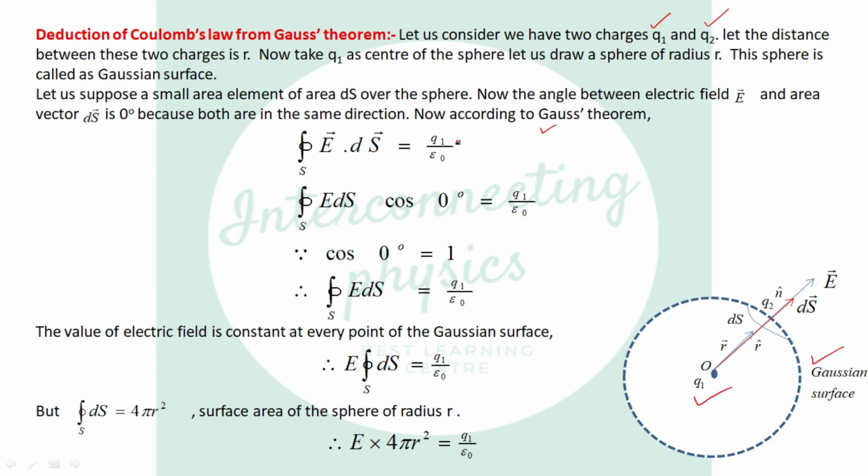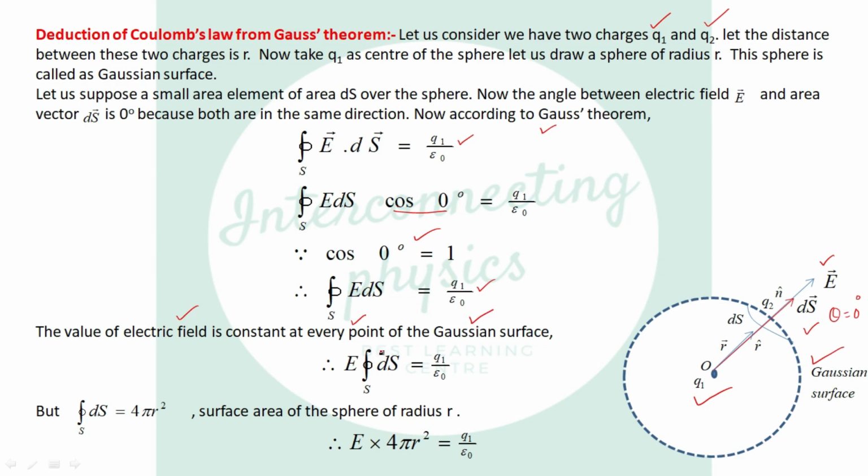So it is q1 divided by epsilon naught. Now E vector and ds vector are in the same direction, so theta equals 0 degree. So cos 0 will be 1, and the answer is closed integral of E ds equal to q1 over epsilon naught. Now we know on the Gaussian surface electric field at every point is constant.